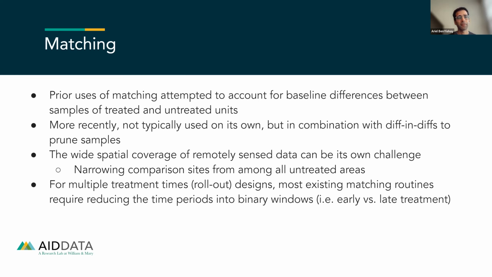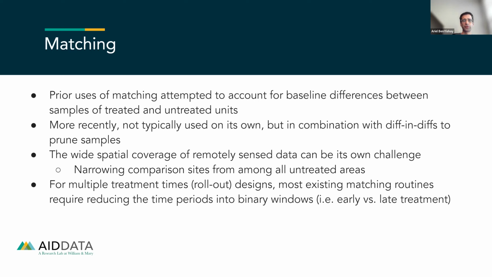treatment period. But when we have multiple treatment periods, like those rollout designs we just looked at, most of the existing matching routines are not built to handle that right away. So it frequently requires reducing the time periods into binary windows like early versus late treatments, and then running the matching algorithms on this particular binary indicator of treatment.